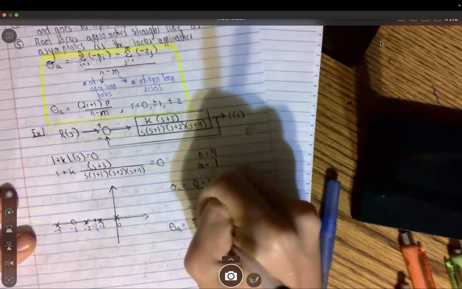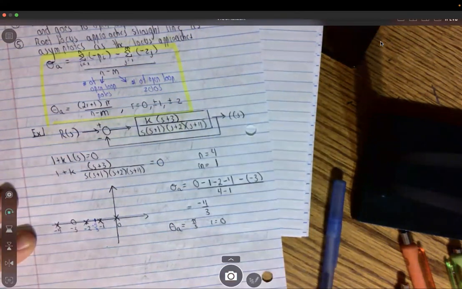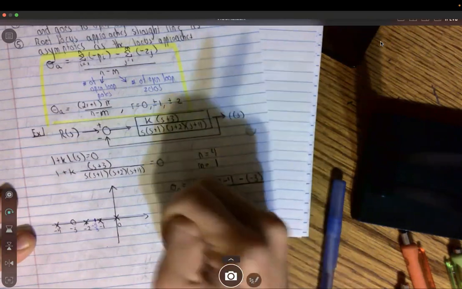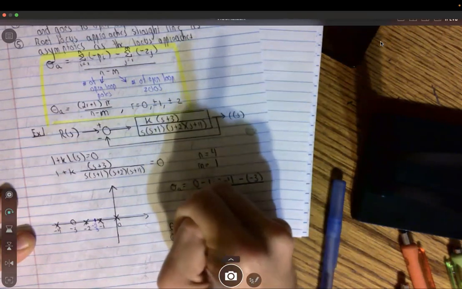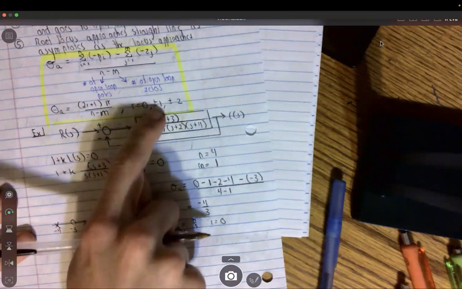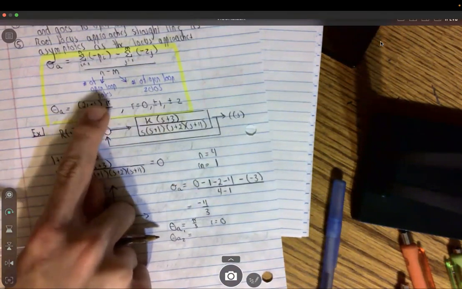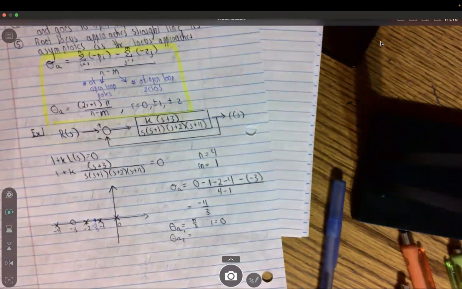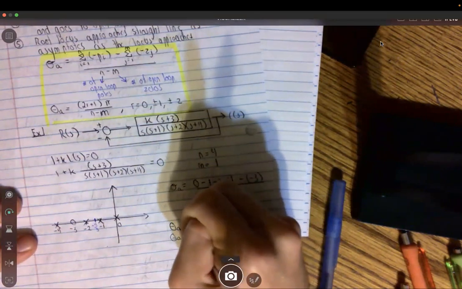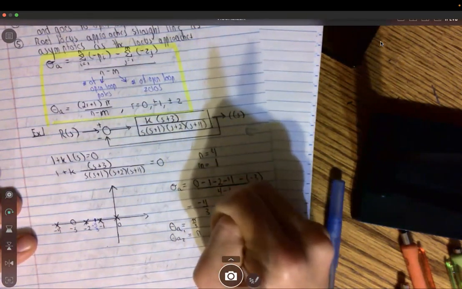Pi over 3 when r equals 0. So notice that's our first angle. Our next angle is going to be, let's plug in r equals 1. So that would be 2 plus 1, which is 3. So 3 pi over 3, which is pi. So that's when r equals 1.